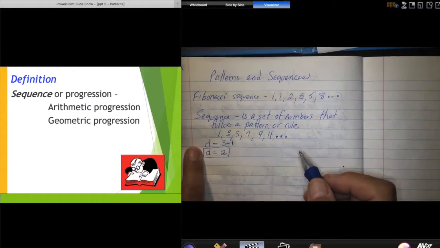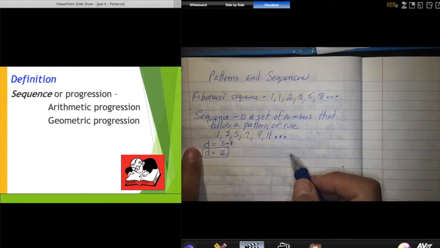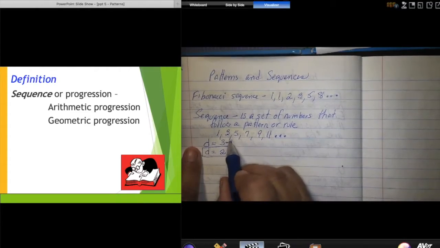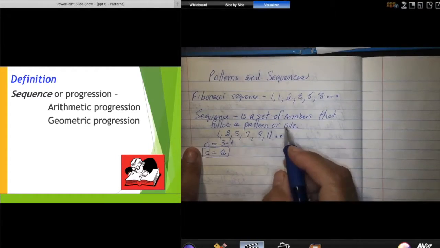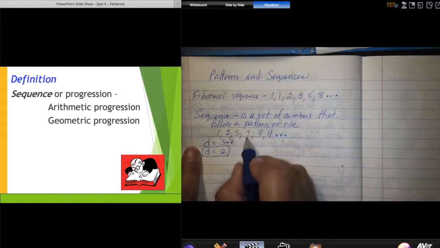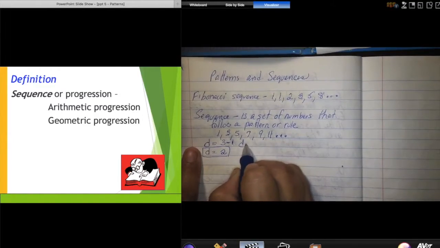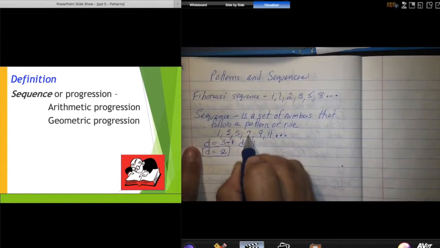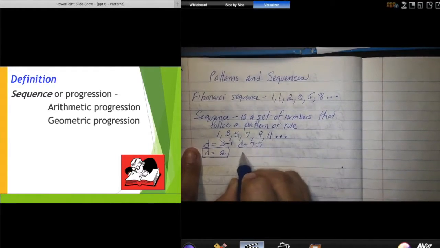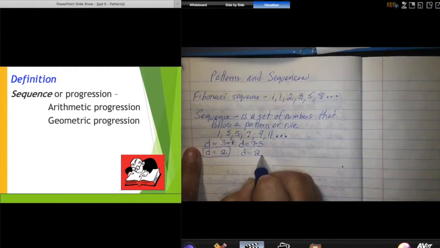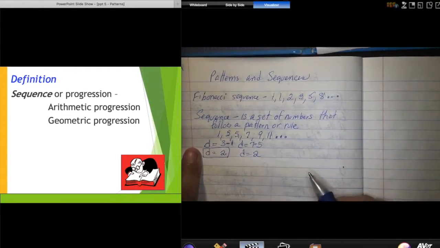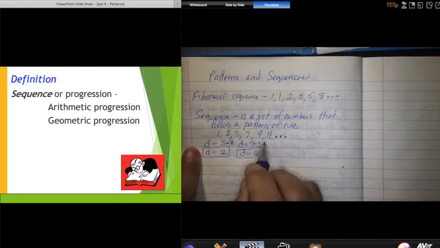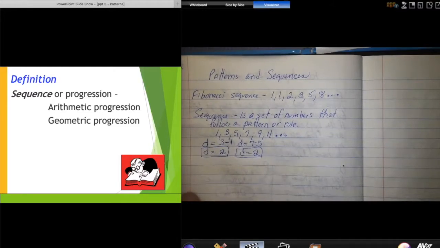Now let's go ahead and try that with another set of numbers, and let's see if the pattern is consistent across the numbers. So let's try 7 and 5. So if I subtract 7, which is on the right, minus 5, which is on its left, I get 2. Okay, seems like the pattern is holding. So let's double check.